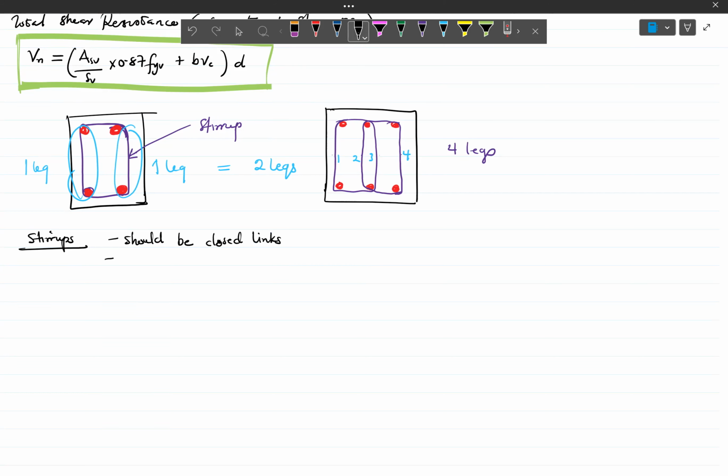And it should also make a rigid cage of the beam reinforcements.